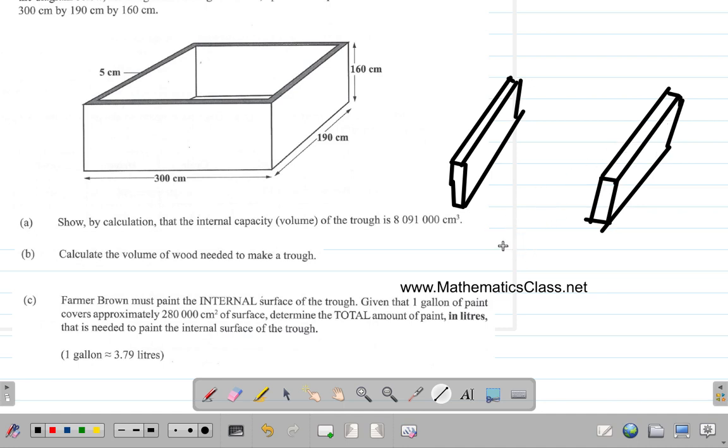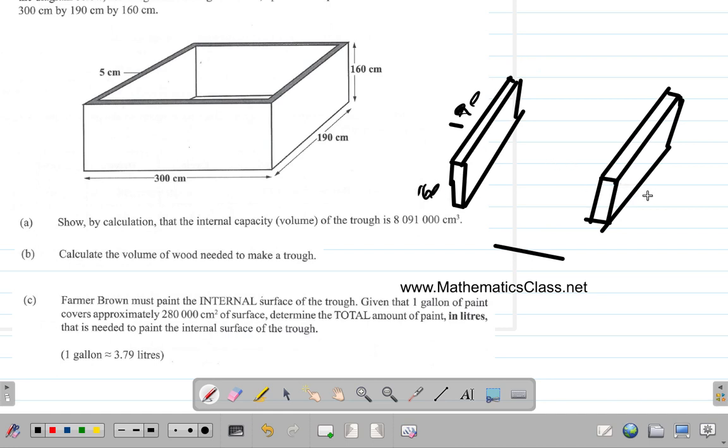You have the front, by the way. You have this 190, but the height is 160, right?